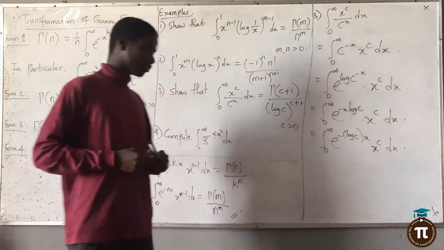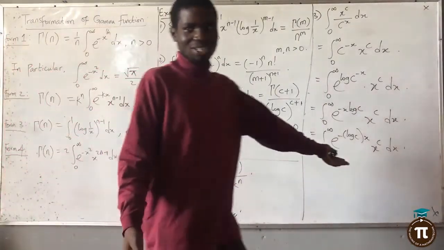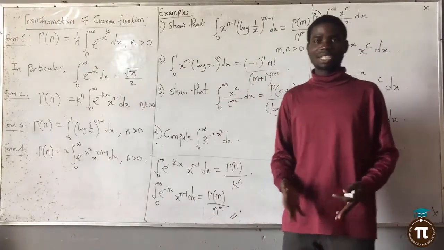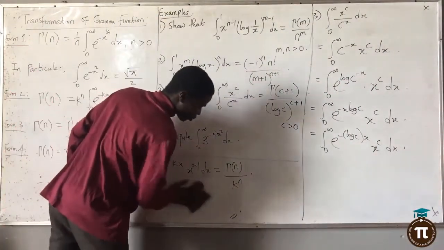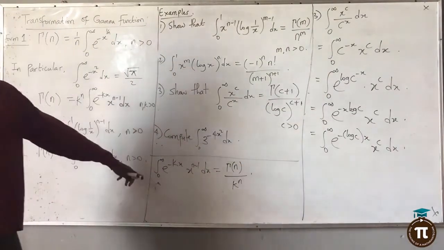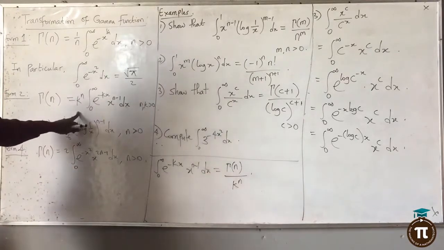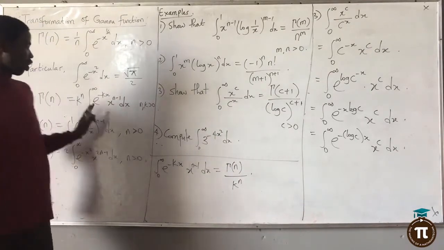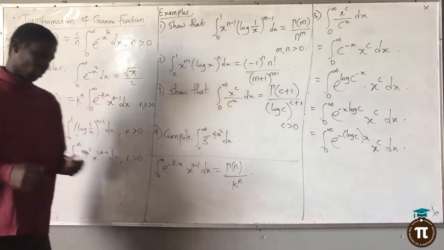So now, again, I just applied the transformation of the gamma function. Look at it. I told you that from 2, it can also be written this way: if you divide both sides by k raised to power n, you have the integral from 0 to infinity of all these things equal to gamma of n over k raised to power n.